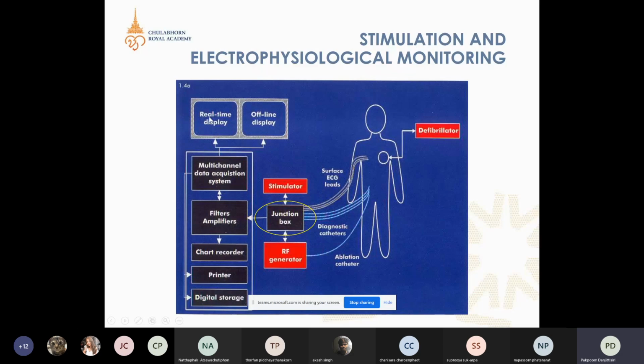After you update the screen, all of the updated data from the real-time display will show on the offline display, and you can measure or access any important values, the normal values, that you need to tell the doctor about from the data you get.